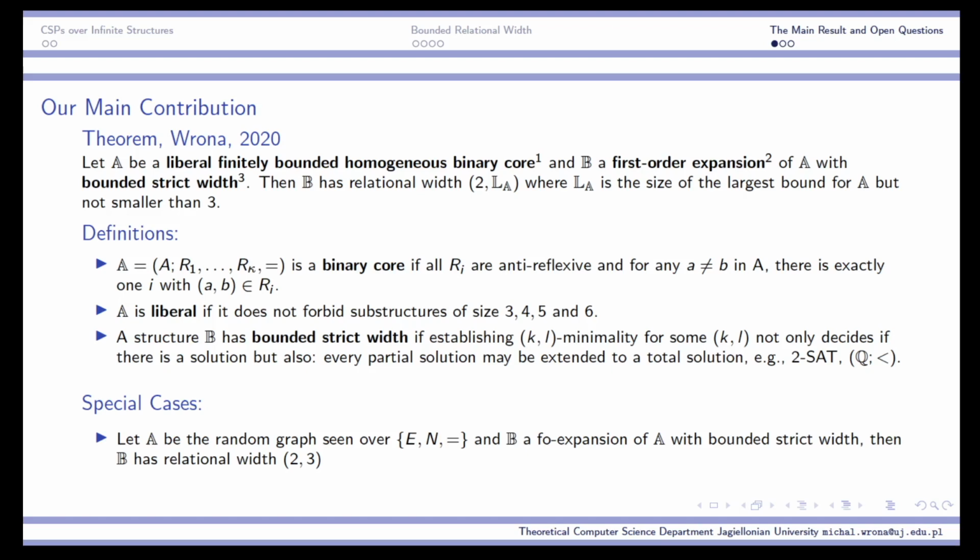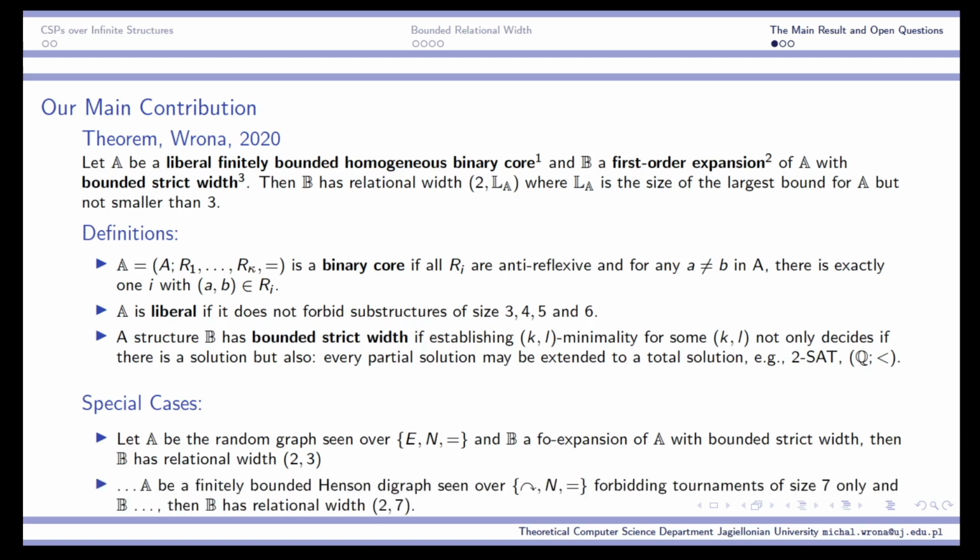We see this random graph over the signature where we have equality, edge, and non-edge. E and N are anti-reflexive, and we go to the first order expansion B of A with bounded strict width, then we know that B has relational width 3.